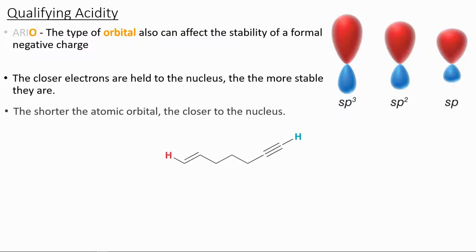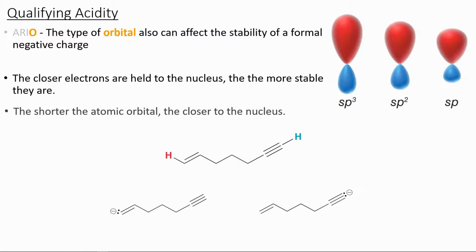And if we look at the shape of the lobes, an sp orbital is going to have 50% s characteristic, 50% p characteristic, so it's going to be shaped more similar to an s orbital than a p orbital, whereas an sp3 orbital is going to look more like a p orbital than an s orbital since it's 75% p characteristic, 25% s characteristic.